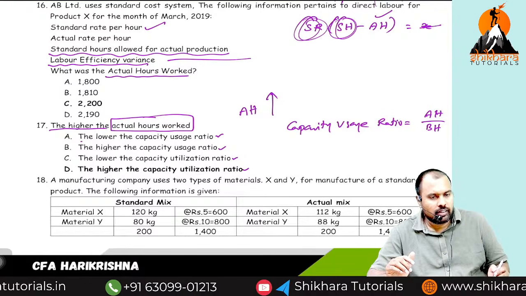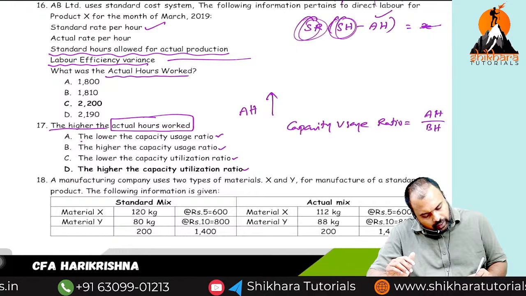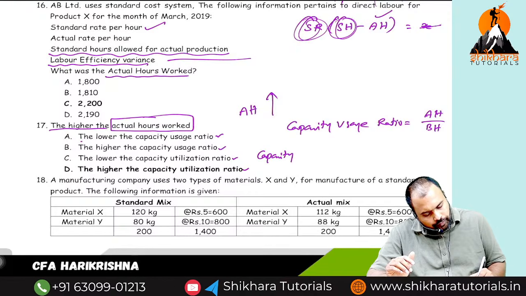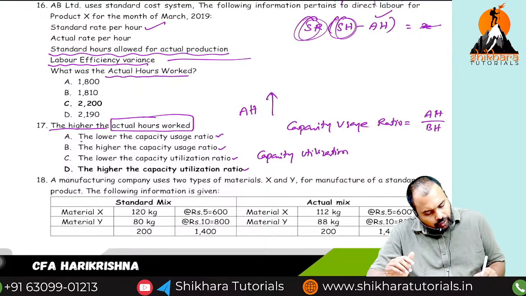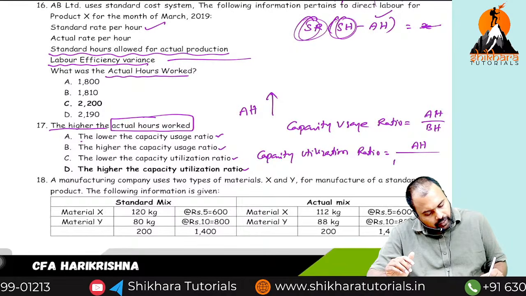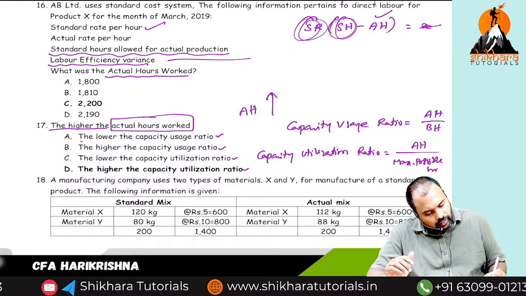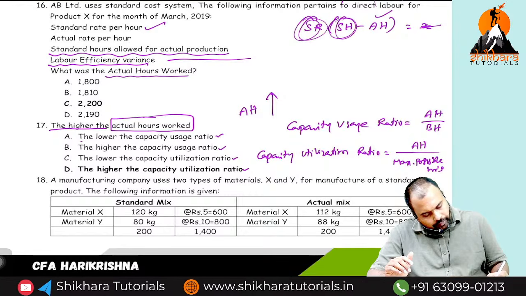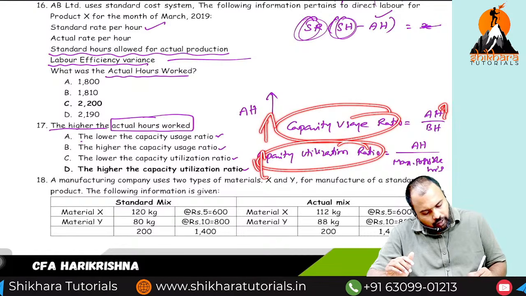Out of budget hours, how many hours we utilized is called the capacity usage ratio. What is capacity utilization ratio? Capacity utilization ratio is AH by maximum possible hours. Sir, if AH is higher, then what about the usage ratio and utilization ratio? Both will be higher, obviously.